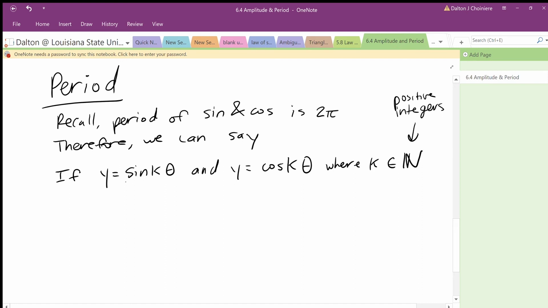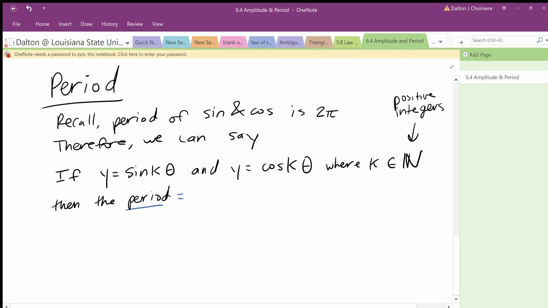If we have these two functions, then the period of each function, well, let's just say the period equals, and I'm going to do this in a different color because it's the most important.